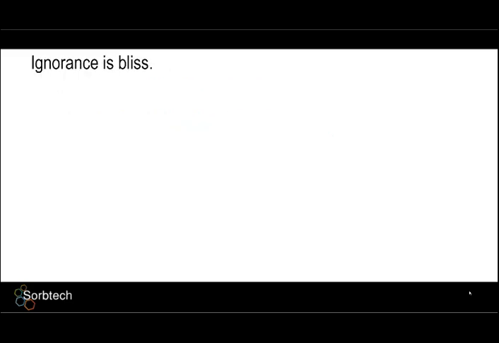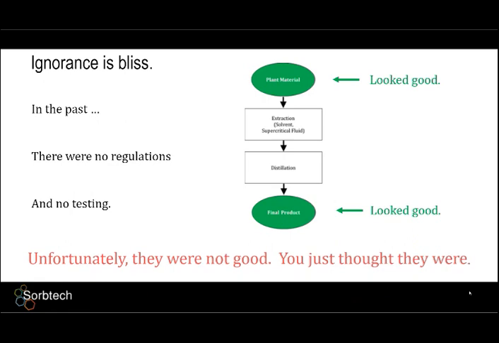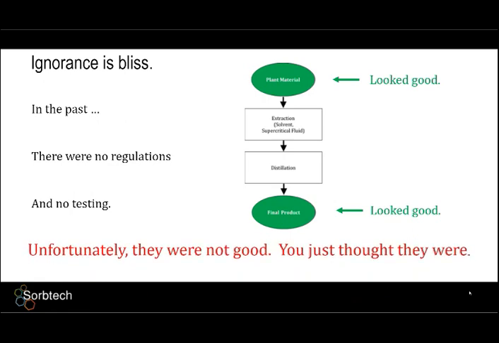So, ignorance is bliss. In the past, there were no regulations and no testing. You started off with what you thought was good material and sold it as is, or extracted it to make a concentrate, and they both looked good. But in reality, you were wearing blinders. You weren't seeing what was there.